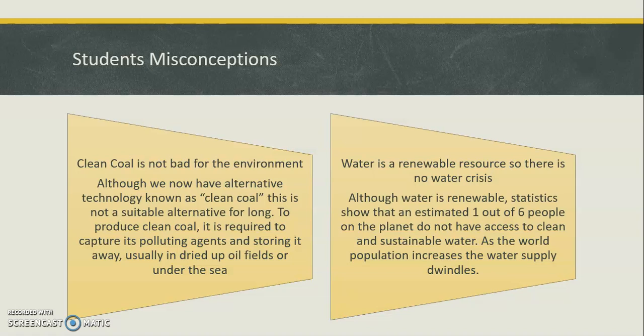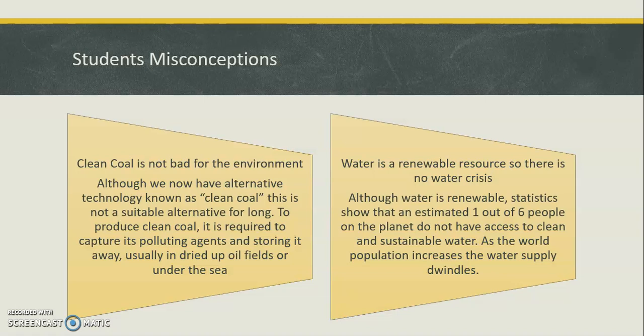But many scientists believe it to be more of a facelift rather than a real improvement because it is not a sustainable alternative for very long. Although we have an alternative technology known as clean coal, like I said, this is not sustainable for very long. To produce clean coal, it is required to capture its polluting agents and store it away, usually in dried up oil fields or under the sea. These are not good for our planet.